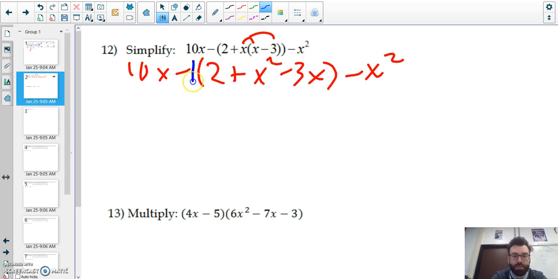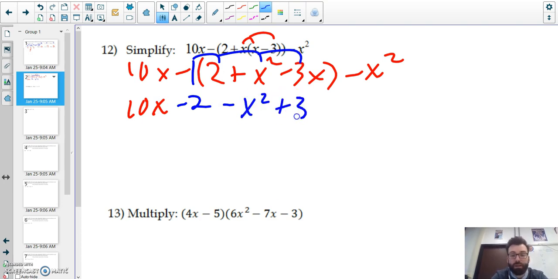Remember, when I subtract, it's like there's a -1 here. Be careful. 10x stays the same. Minus 2 minus x squared plus 3x minus x squared.